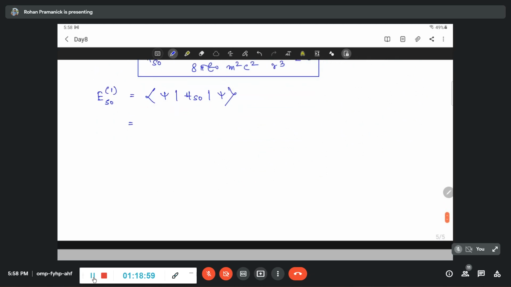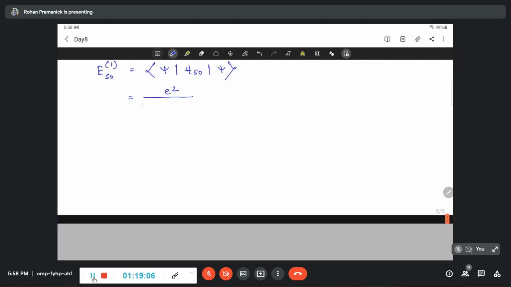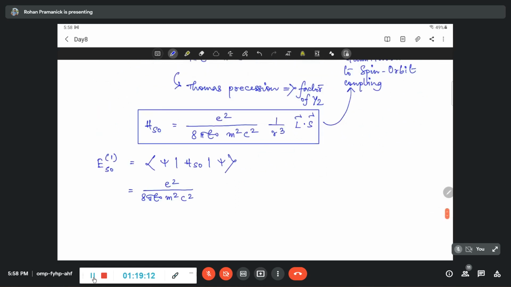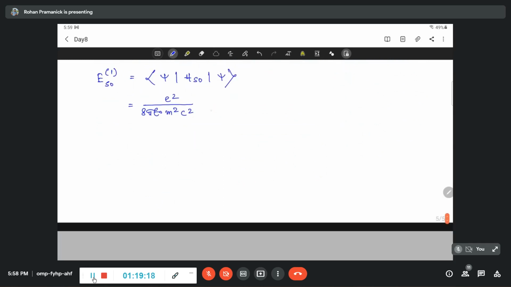So this becomes e squared by 8 pi epsilon 0 m squared c squared, and then 1 by r cube will go into the expectation value, and L dot S. So there is L dot S, and there is psi, 1 by r cube, and psi.